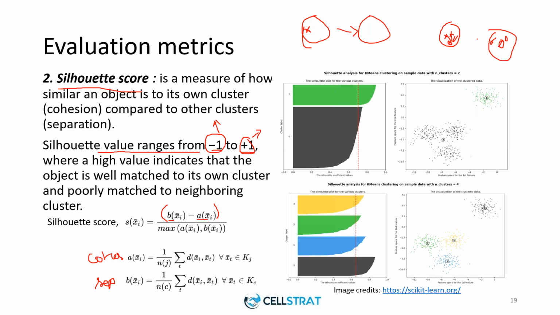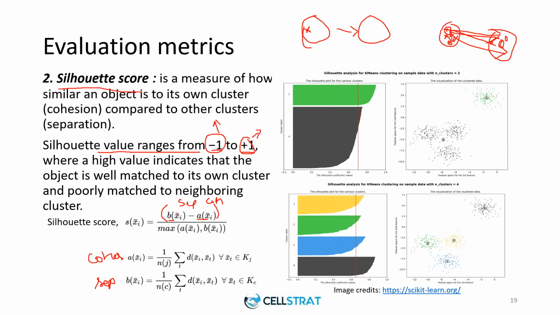Separation is when you take a data point belonging to this cluster and calculate its distance with respect to the data points of the nearest cluster, to see how far or how close it is. You do this for every data point belonging to this cluster. That is your separation. Then you subtract cohesion from separation and normalize with the larger value.